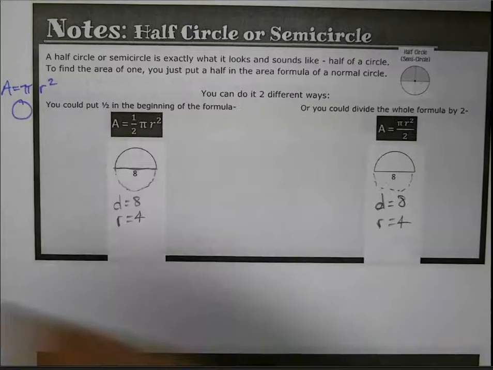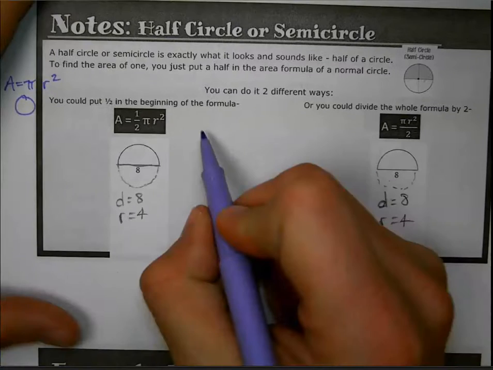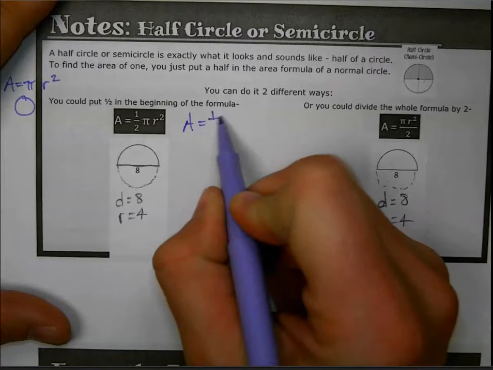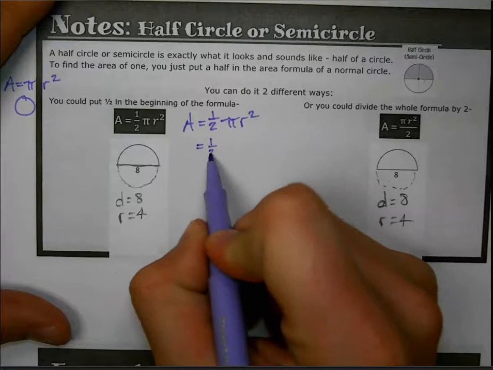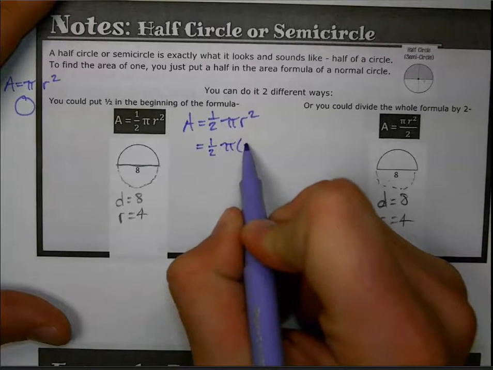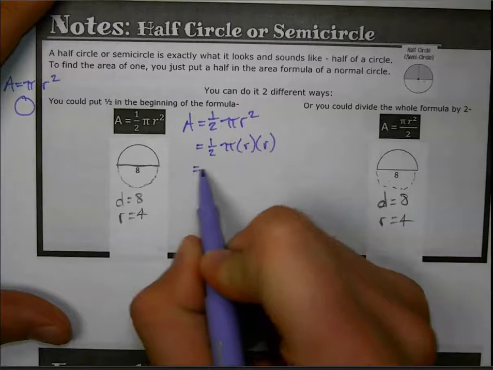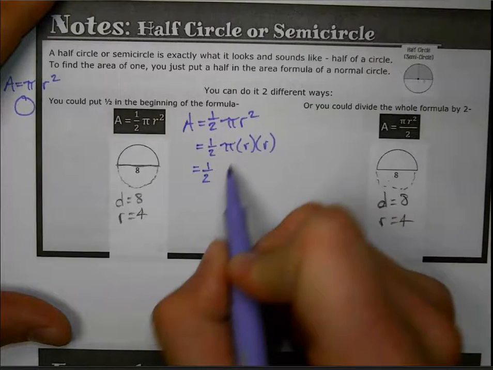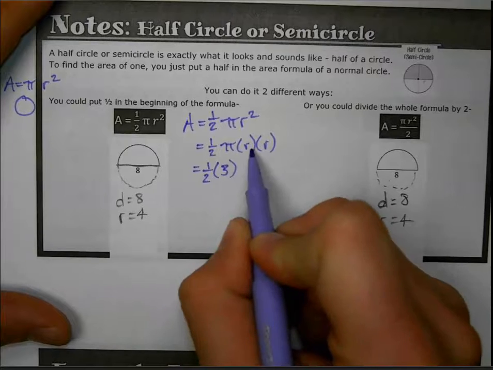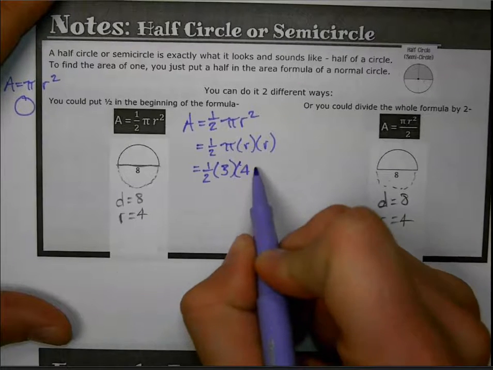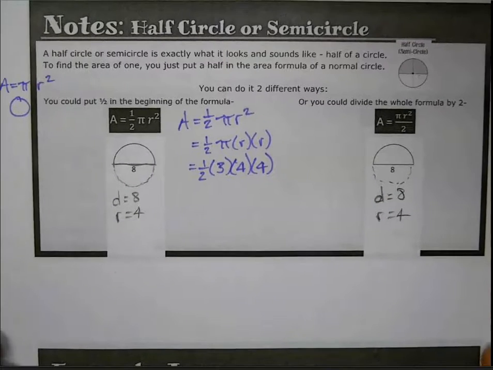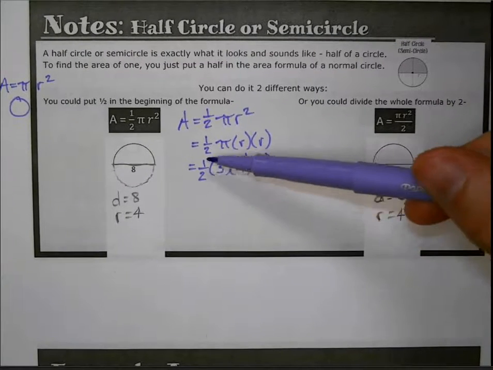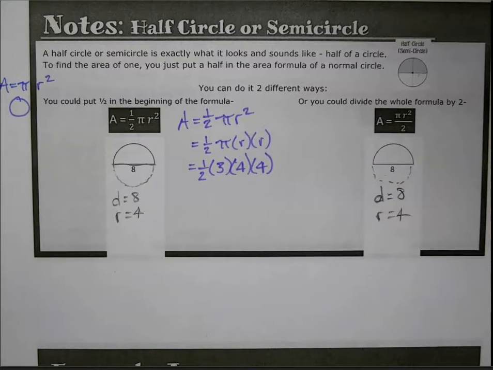All right, so now let's do the problem. Area equals 1/2 times pi times radius squared. That's the same thing as 1/2 times pi times radius times radius. So that's 1/2 times, for pi we're going to use 3, for radius it's 4, and for radius it's 4. At this step, if you are multiplying 1/2 times a number, all that means is you're taking half of one of those numbers.